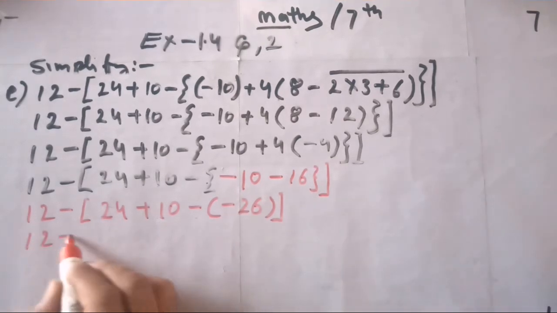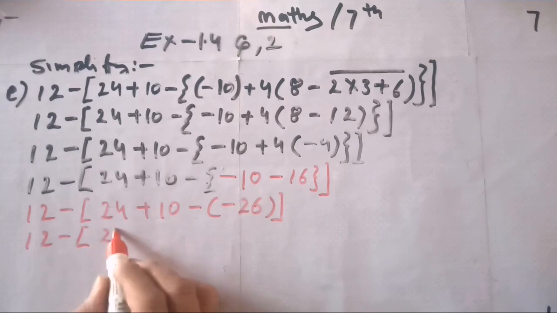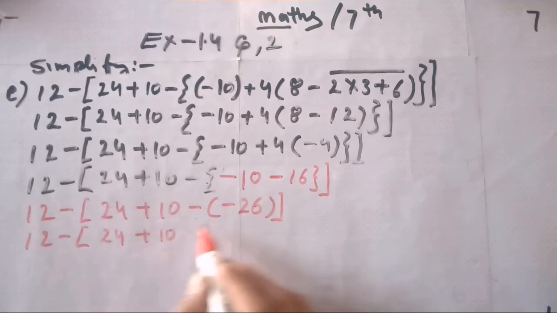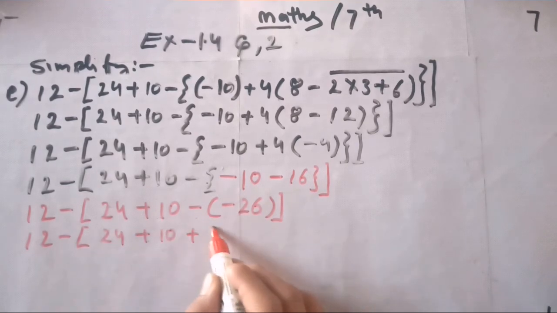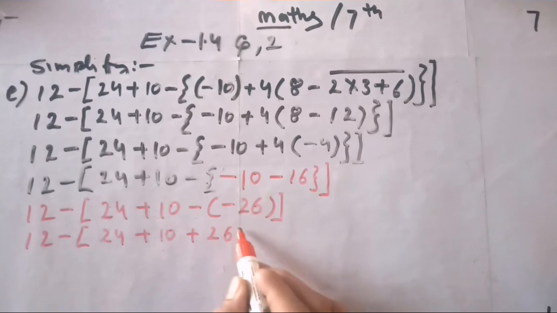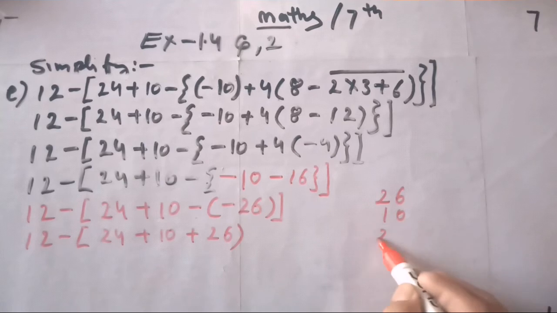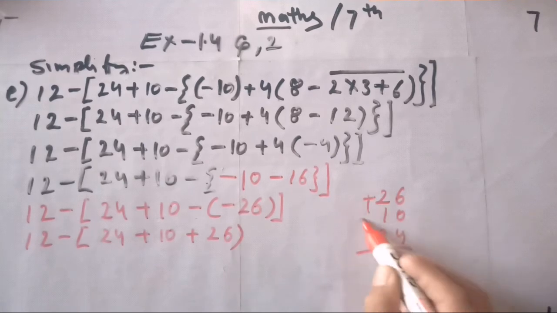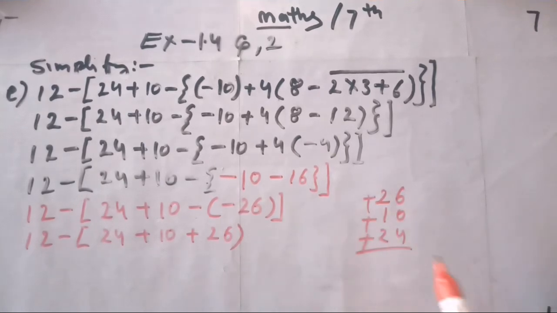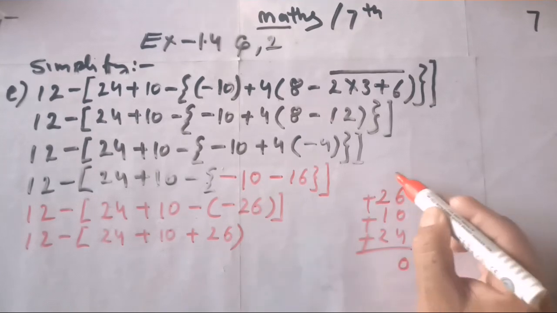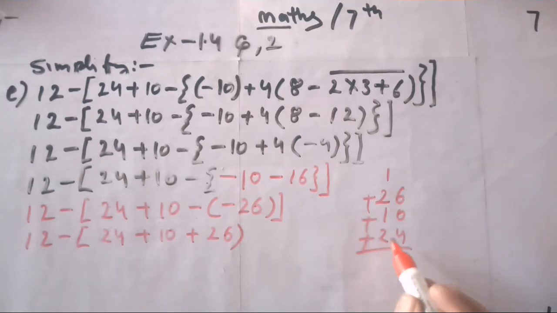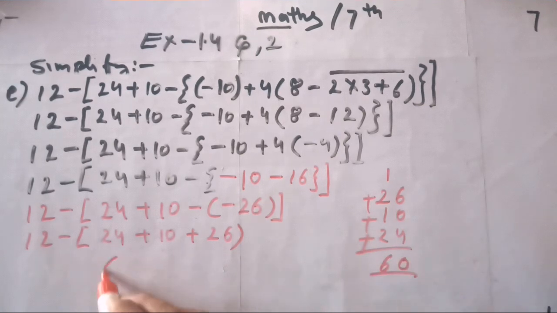Again beta, 12 minus bracket begin 24 plus 10 minus into minus plus, this is equal to 26, right? Now all of 26, 10 and 24 have the positive sign, so all will add: 6 and 4 is 10, carry 1. So this is equal to 2, 1, 3, 4, 5 and 1, 6. This is 60 with a negative sign.